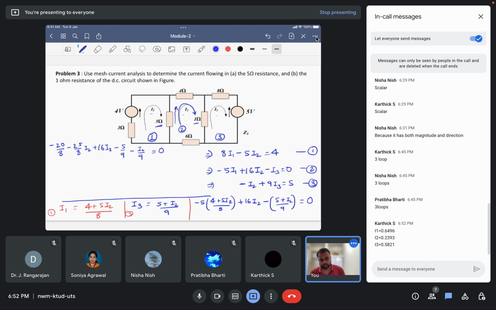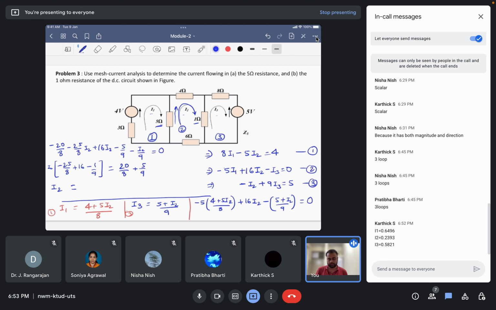Okay, so taking I2 as common, so minus 25 by 8 plus 16 minus 1 by 9 is equal to, so I2 term we have already written. Let us write the known values, 20 by 8 plus 5 by 9. Okay, so let us write the value of I2 here.